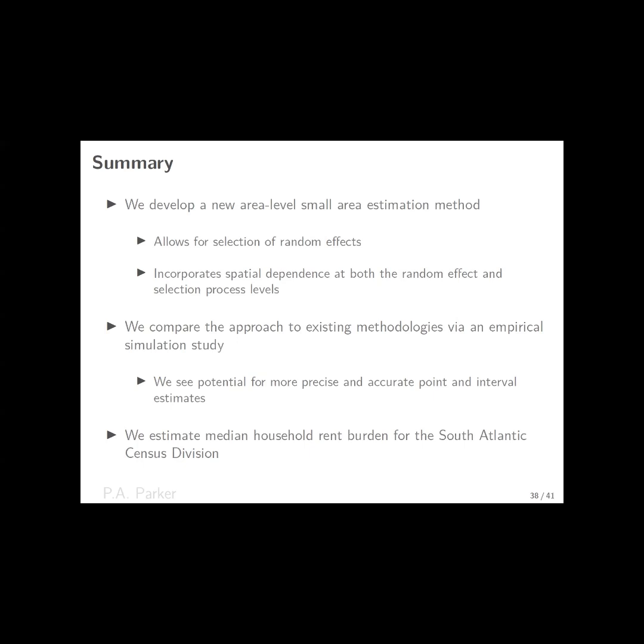We did an empirical simulation study showing that there's potential for this model to outperform existing area level models, right? We saw we can get more precise and accurate point estimates. We can get intervals with smaller width and appropriate coverage. And then we showed how we can use this model to estimate median household rent burden. And we did that for the South Atlantic Census Division. So this was a fairly large data set, at least in the context of small area estimation models.